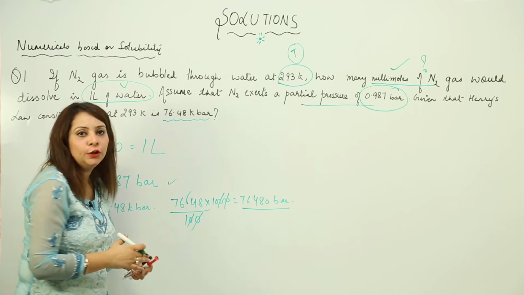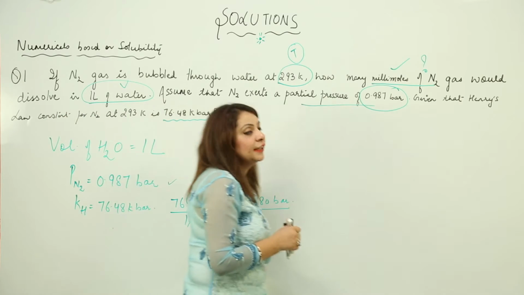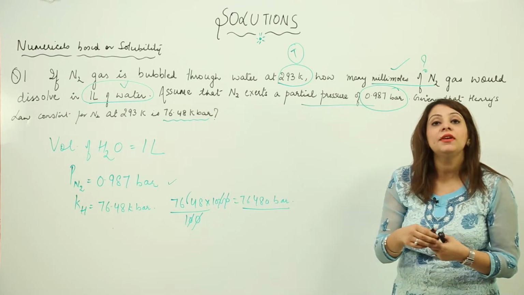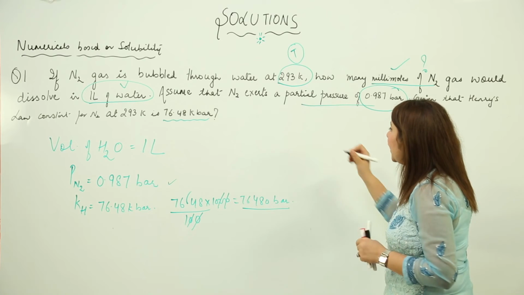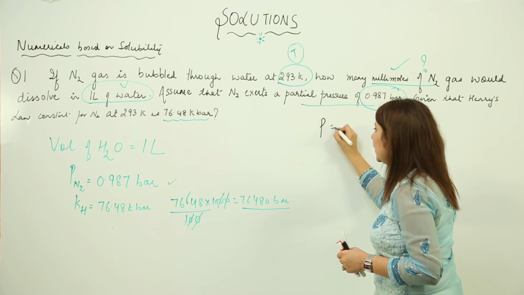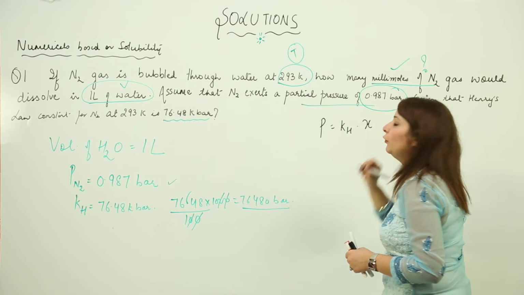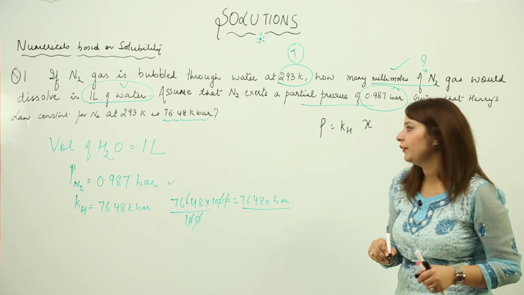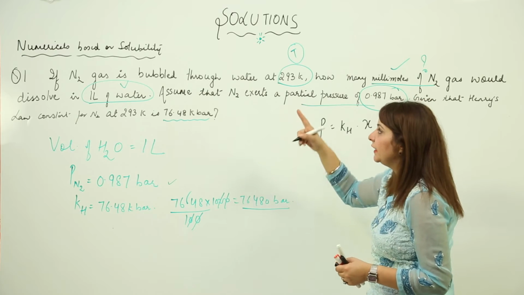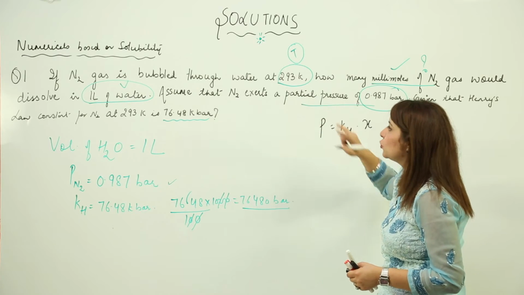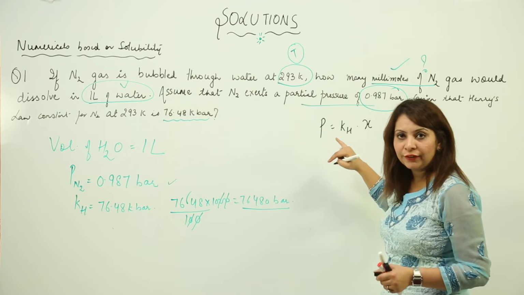Now everything is in the same units. And we know the formula based on Henry's law: the partial pressure is equal to the product of the Henry constant and the mole fraction. We take concentration in terms of mole fraction. The partial pressure of nitrogen is given, and we need to find the mole fraction of nitrogen.